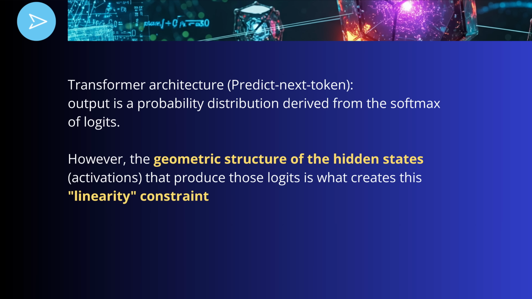Now you might say, wait a minute, a transformer architecture is a predict-the-next-token architecture, no? So the output is a probability distribution derived from the softmax of our logits. Yes, absolutely. But the geometric structure of the hidden state, the activation that produced those logits, is subject to a linearity constraint.